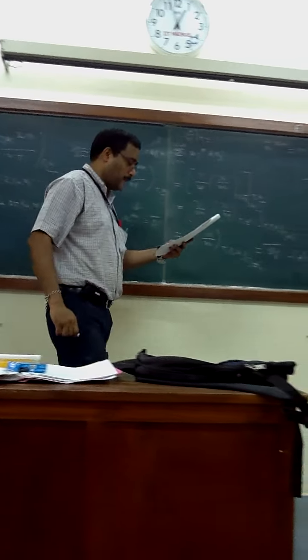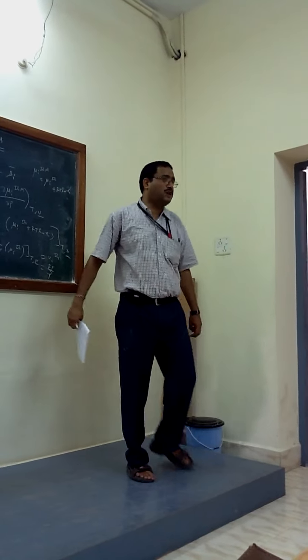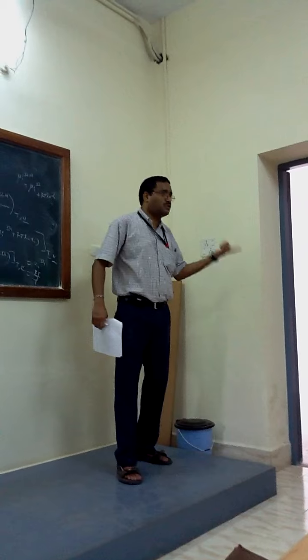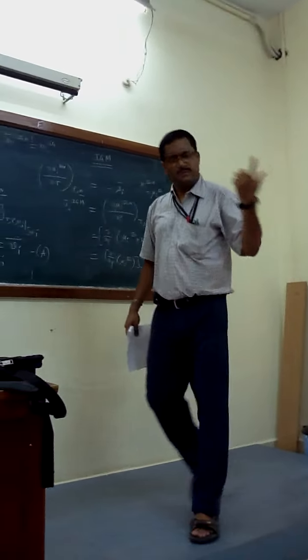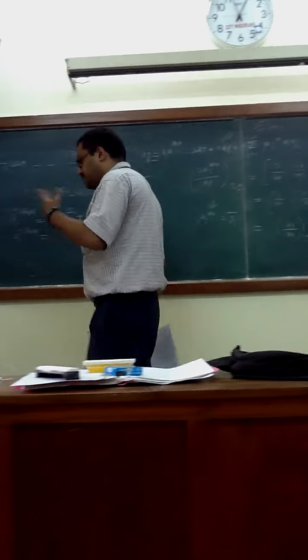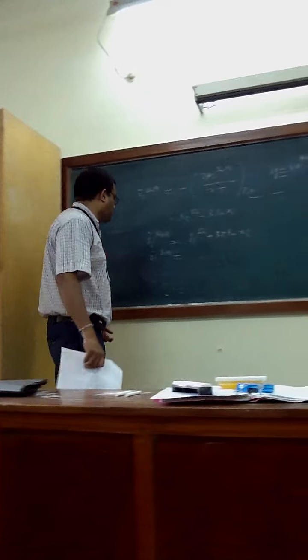There is a challenge here. How to proceed? The same way as for the pure substance. We know that G equals U plus PV minus TS, so U equals G minus PV plus TS.